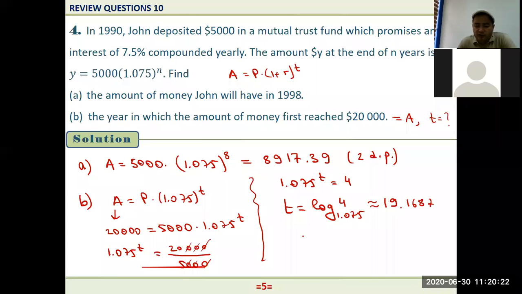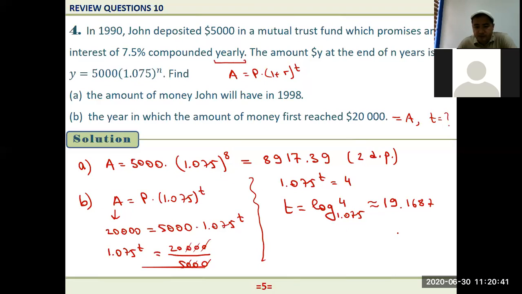Actually, it takes more than 19 years, right? When it is 19 years, it will be a bit less than 20,000. Since the interest is added at the end of each year, we need to count in whole years. It is 19 years, so 20 years.